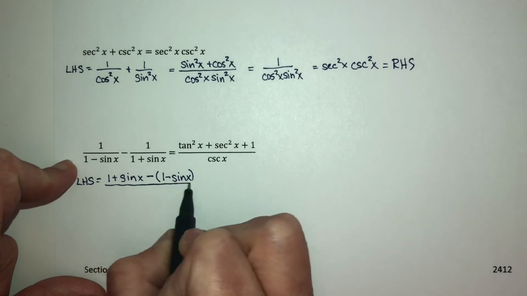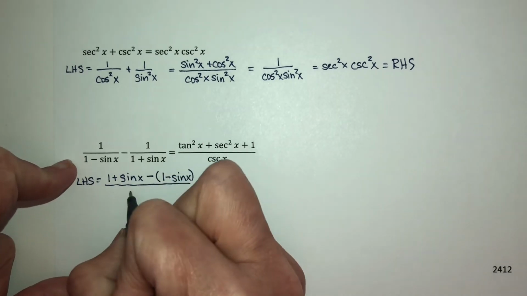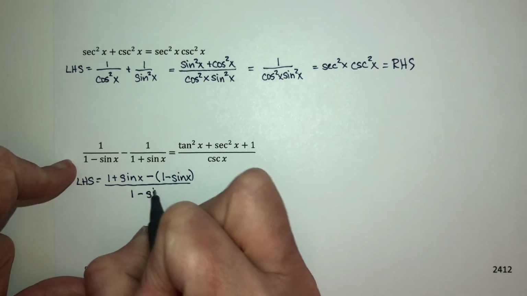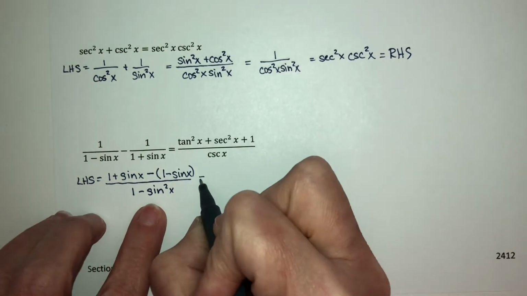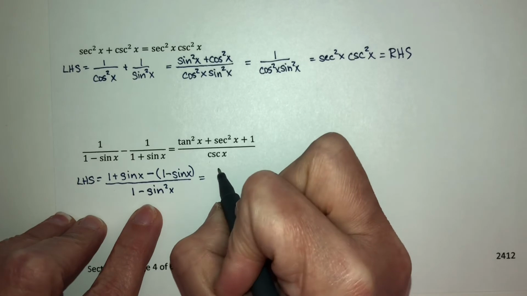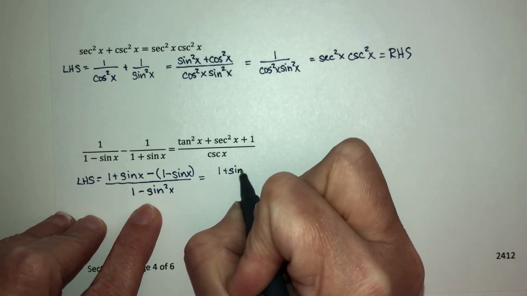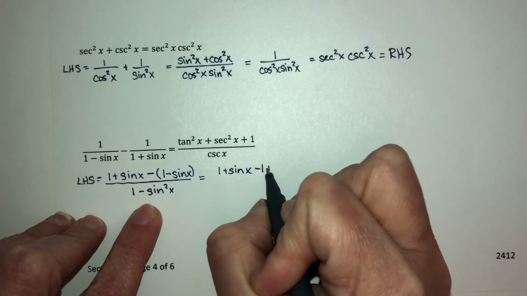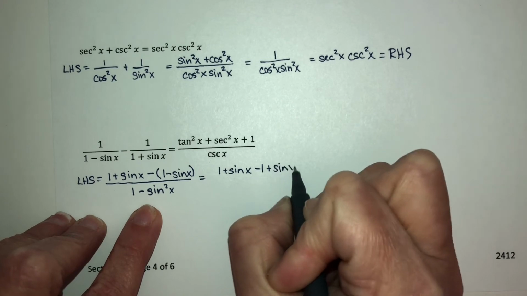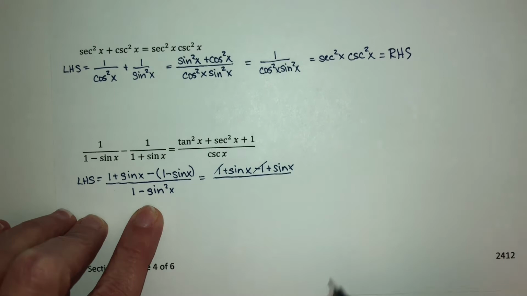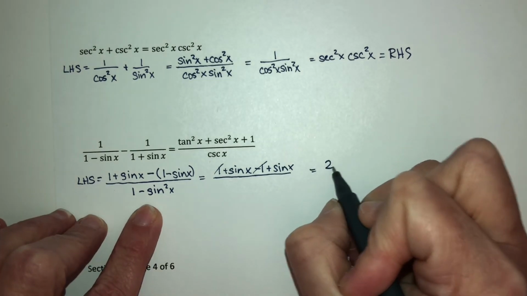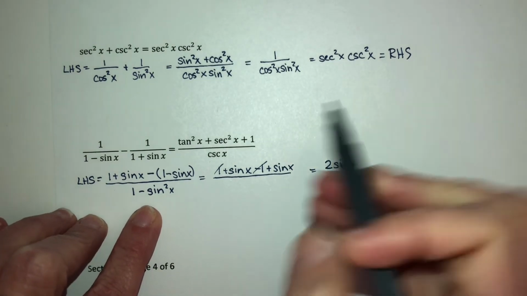And this is going to be over these two multiplied together, which is 1 minus sine squared of x. Distribute the negative up here.